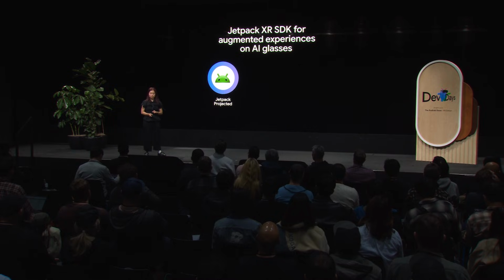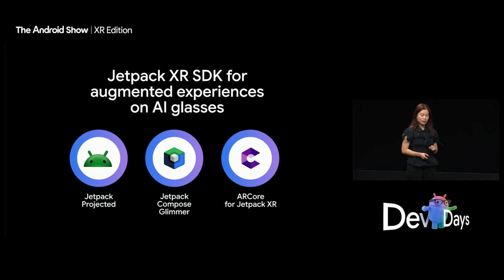Jetpack Compose Glimmer is our new UI library designed for augmented XR experiences. Additionally, we are expanding ARCore for Jetpack XR to support AI glasses. This brings advanced perception capabilities to the glasses you wear all day.